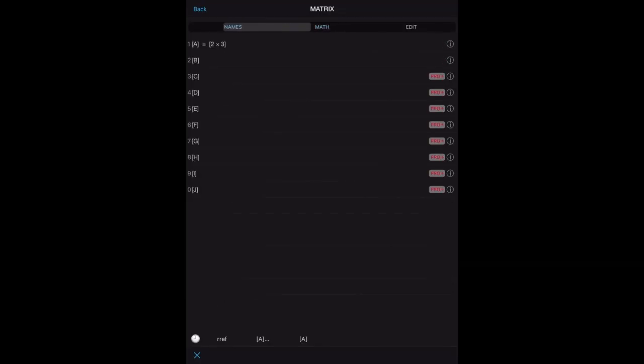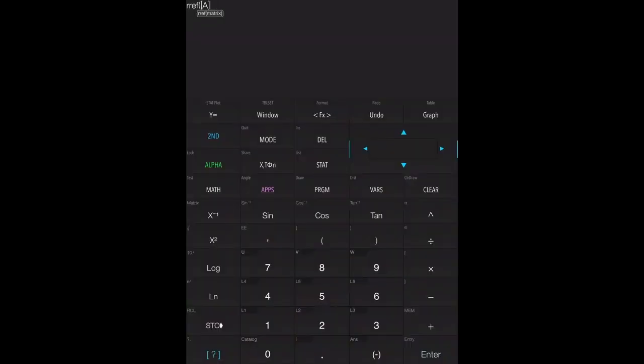Now go over to the Names tab. In the Names tab, I need to select which matrix to use. Here, I stored matrix A as the one I was working with, so I clicked A, and it says, okay, we're going to perform the RREF, the Reduced Row Echelon Form, on matrix A.